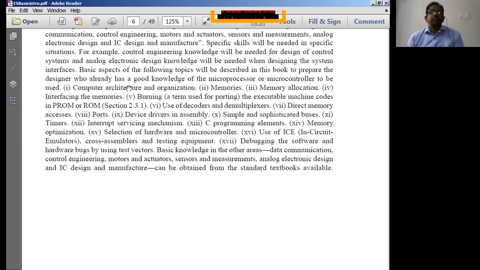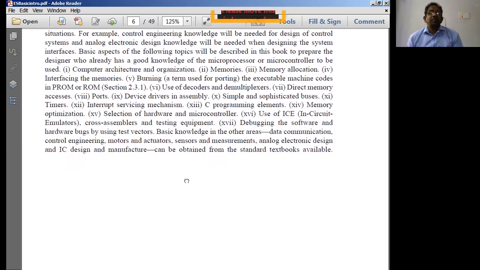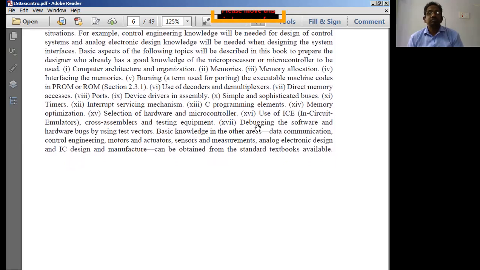We need the concepts of microprocessors, microcontrollers, computer architecture organization, memories, memory allocations, interfacing the memories, burning of the software, use of decoders and demultiplexers, direct memory access concepts, ports, device drivers in assembly, all these simple and sophisticated buses, timers, interrupt service mechanisms, C programming elements, memory organization, selection of hardware and microcontrollers.